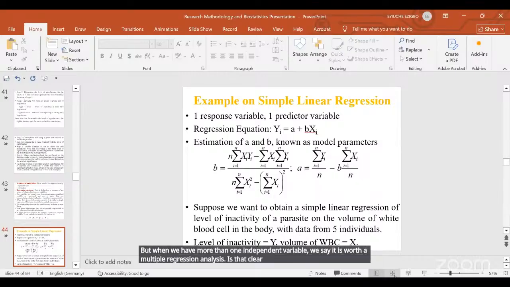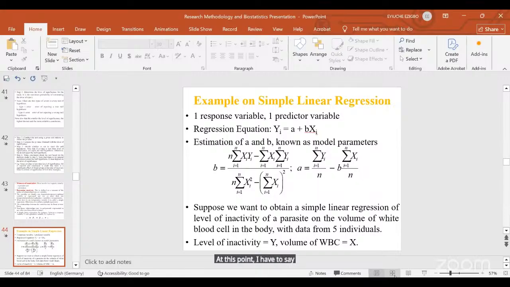At this point, I will have to say that in every regression analysis, the number of response variables is always one. Did you hear that? I said in every regression analysis, at least at this point, because we are not discussing multivariate analysis. If we go into that, we have multivariate regression.